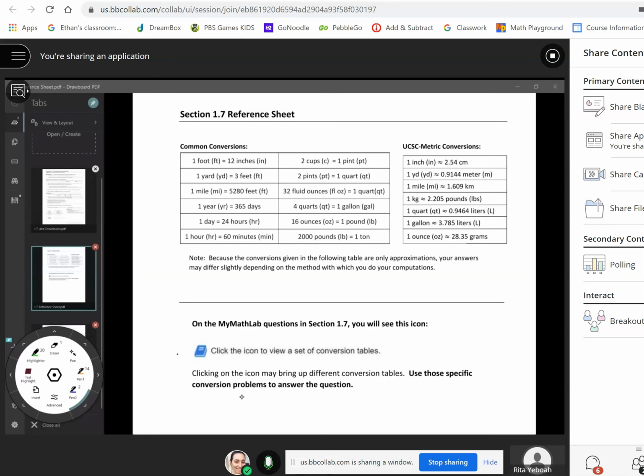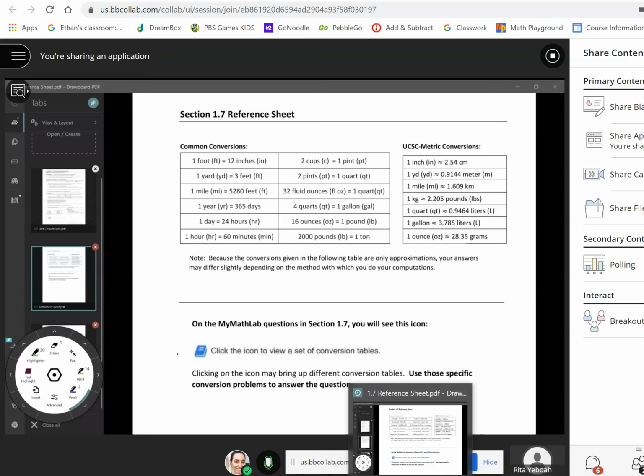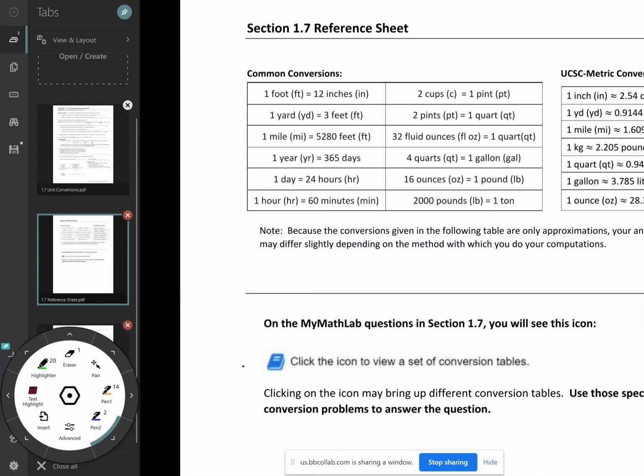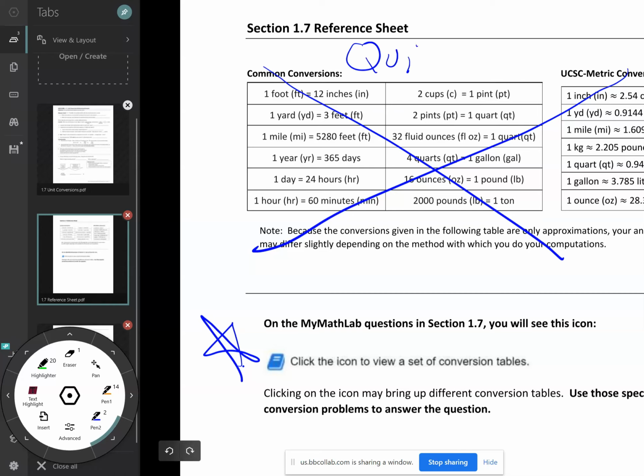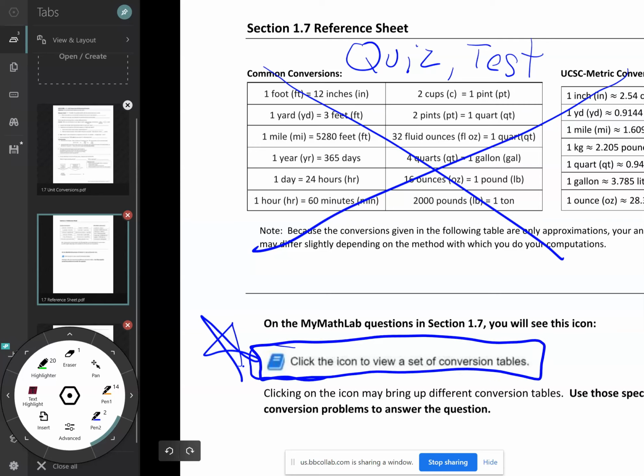Okay, so this is just the reference sheet that you'll get to use on a quiz. At the bottom though, before I forget, I wanted to emphasize on MyMathLab, do not use these numbers. This is what you're going to use for a quiz and for the test. But on MyMathLab, you'll see a little icon, and when you click it, it pops up a table.